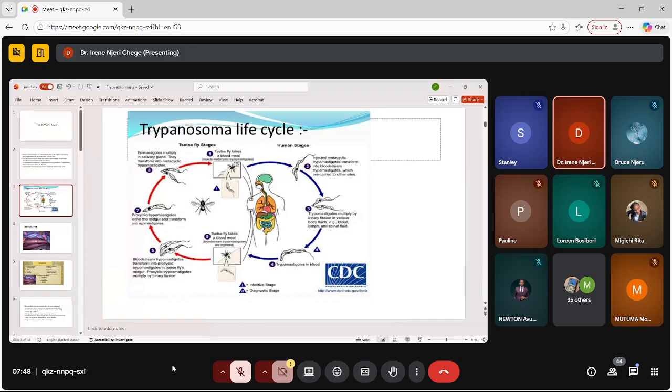So let's first look at this slide. This is a bite by the tsetse fly, and the tsetse fly here can then transmit the metacyclic trypomastigotes into the skin. That is a bite.